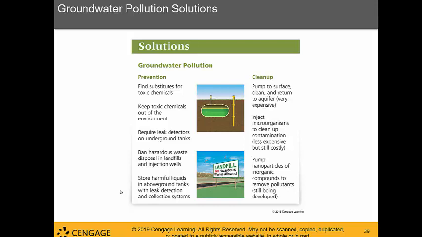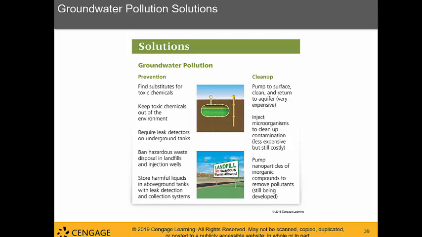Okay, we can also try to prevent leaking of underground tanks like septic tanks or oil tanks that are used to heat houses. And we also want to take our wastes and dispose of them in landfills rather than dumping them directly into the water.